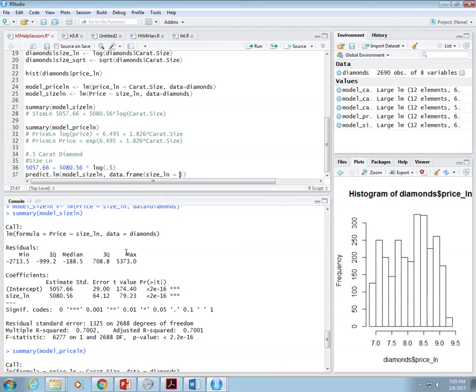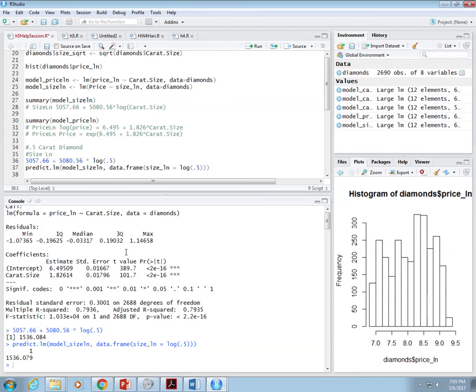And you're not going to put in 0.5. You need to put in the log of 0.5. And so we'll get about the same value. Make sure you're doing that with the log of 0.5 if you're putting them in.